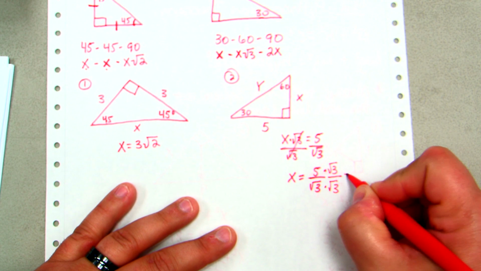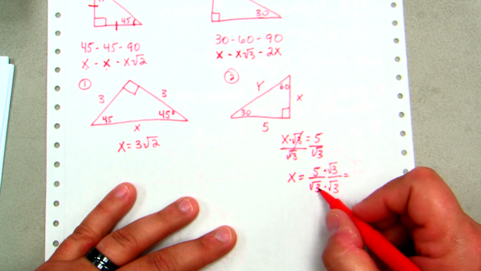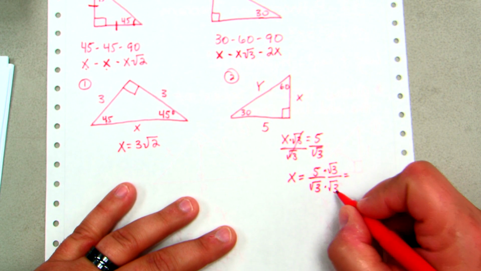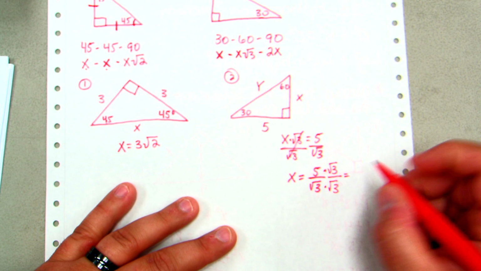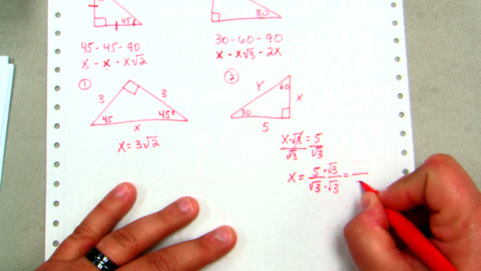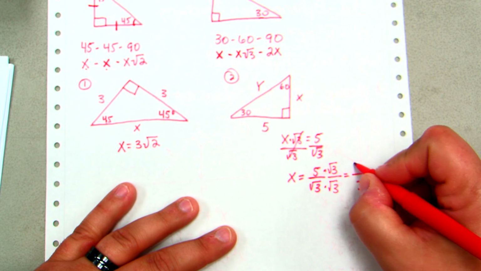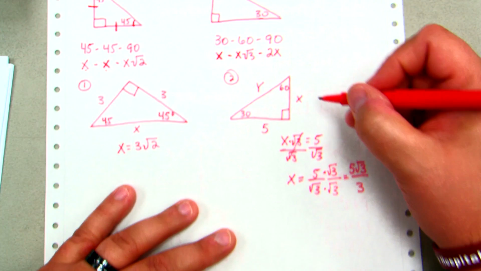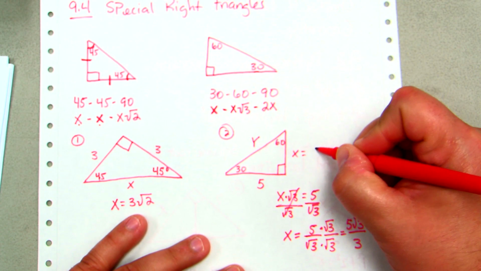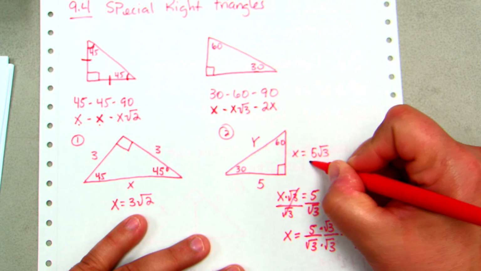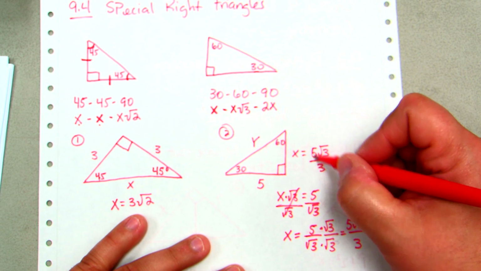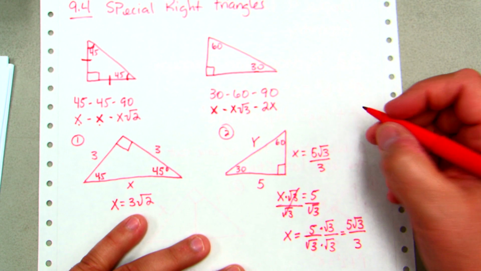We don't want to leave it out. Anytime we square a square root, the radical signs cancel and you're left with just the radicand, which is 3. On top we have 5 times the square root of 3. So x is equal to 5 times the square root of 3 over 3. If 3 and 5 had something in common, I could cancel, but they don't.